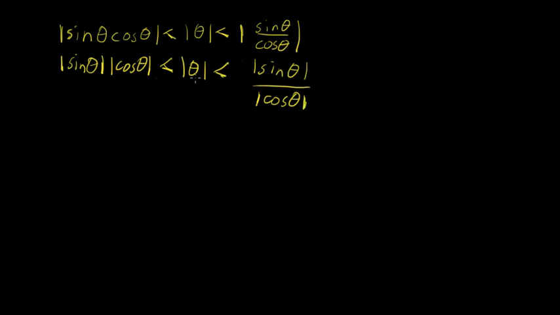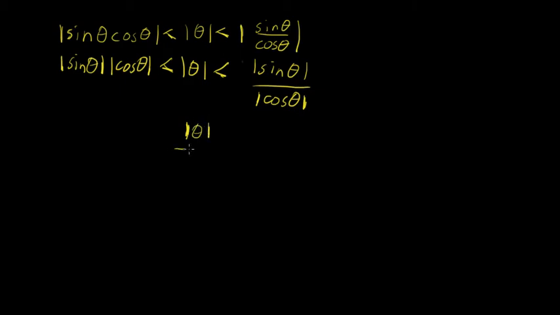So we ultimately want to turn this into something that looks like sine theta over theta. But first, let's turn it into theta over sine theta. Let's divide everything by sine theta. Well, we can't, we have to deal with the absolute value here.